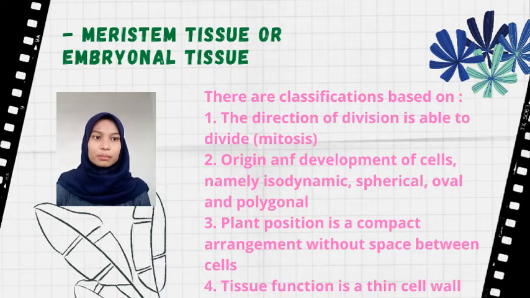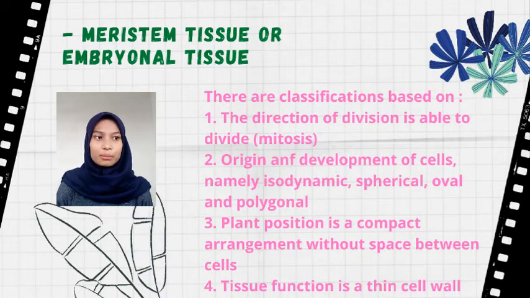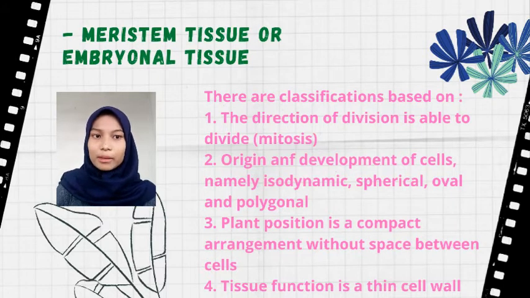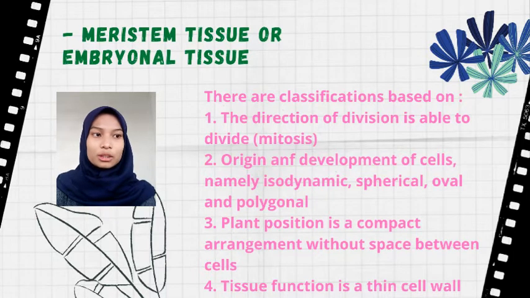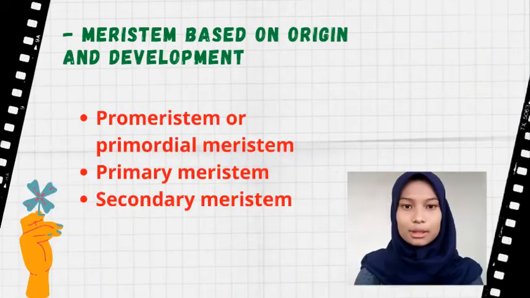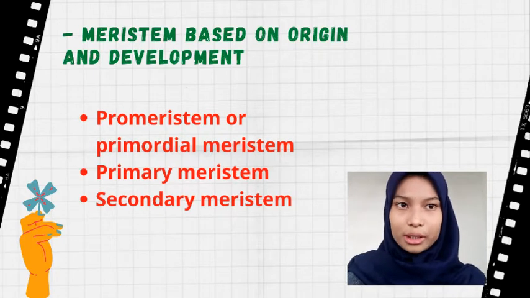Origin and development of cells, namely isodiametric, spiral, oval, and polygonal. 3. Plant position, a compact arrangement without space between cells. 4. Tissue function.